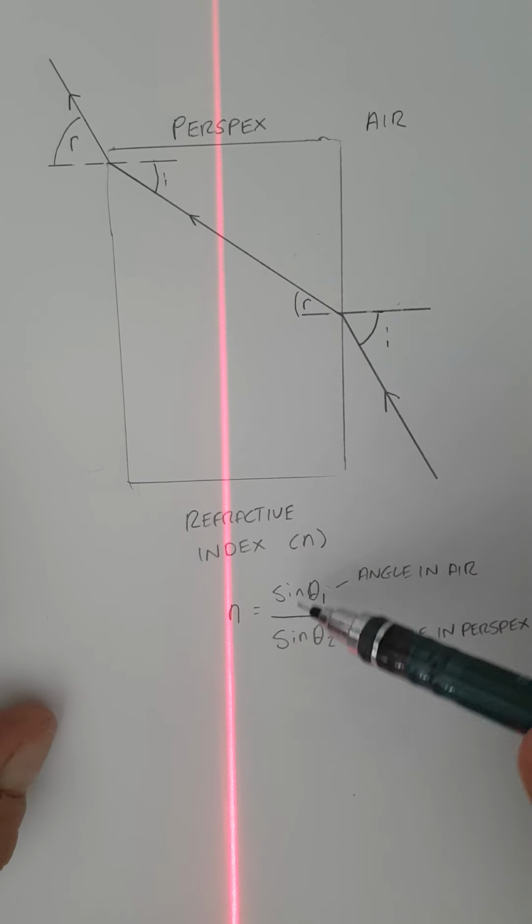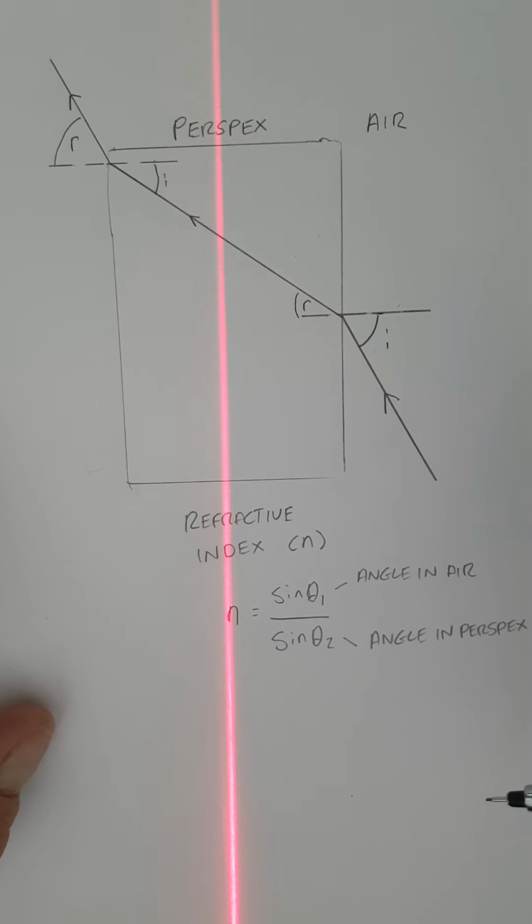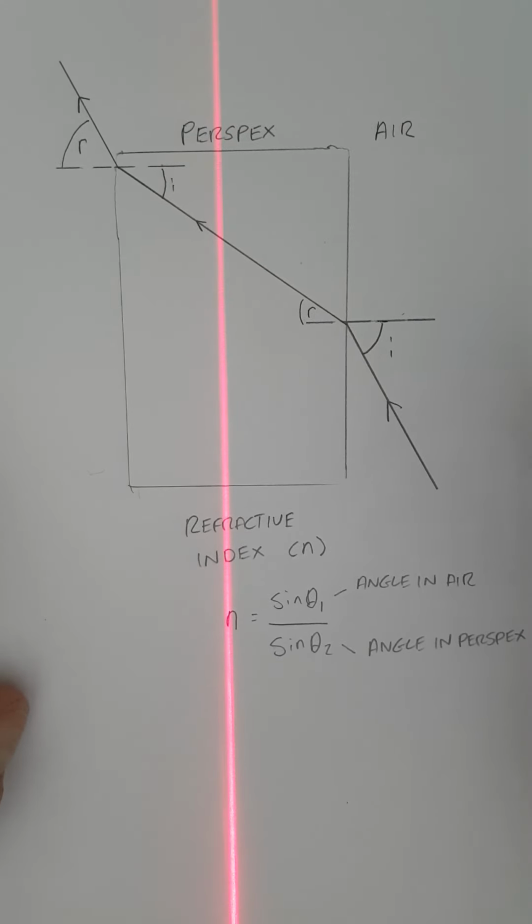Because the angle of incidence in air is always greater than the angle of refraction within the perspex block, N will always be a number 1 or more. 1 is the refractive index of a vacuum.